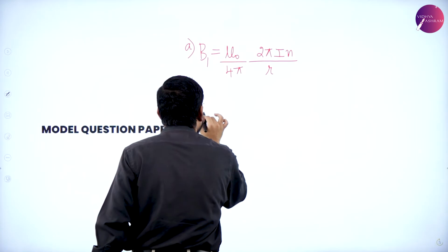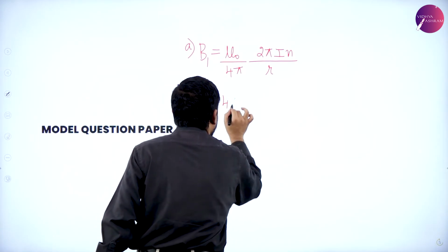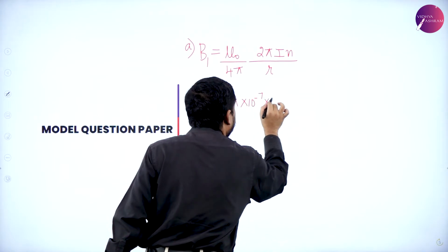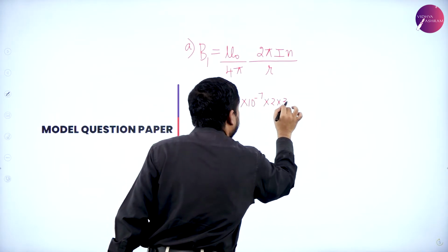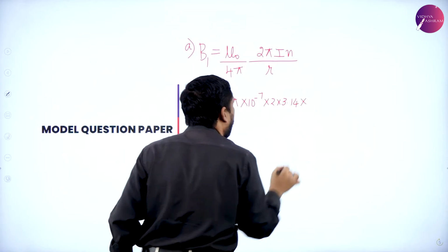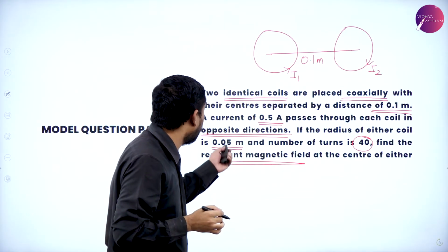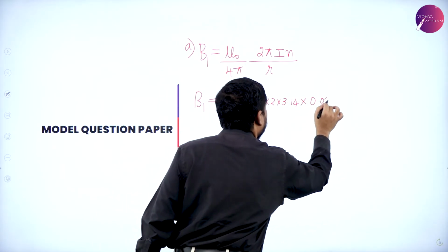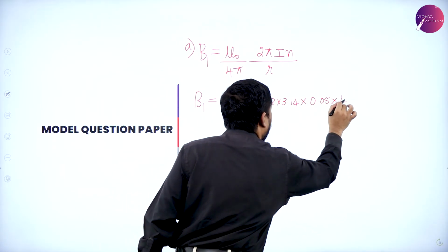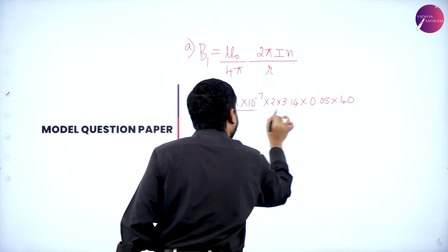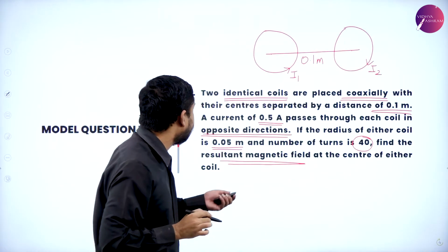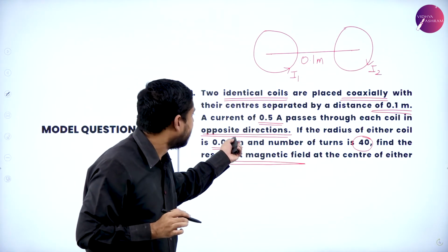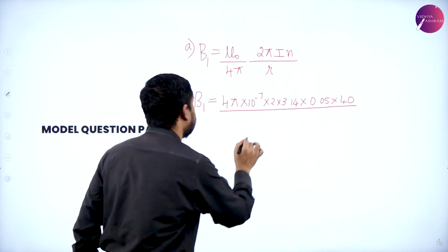So on substitution, mu naught is 4 pi into 10 power minus 7, 2 into 3.14. Current flowing is 0.05 into number of turns is 40. The radius is 0.05 meter.